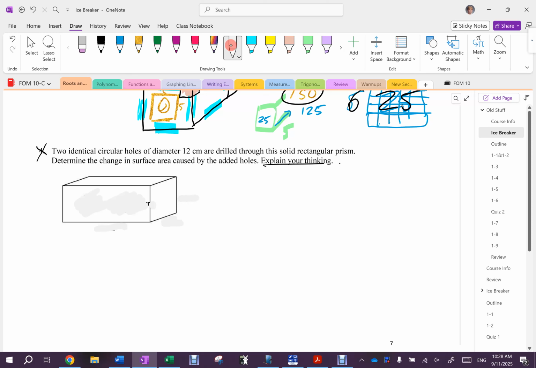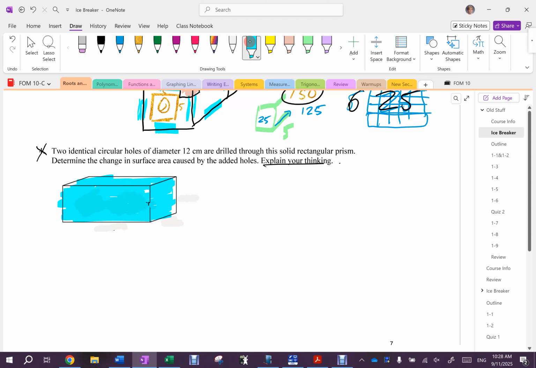So if I picked up this solid box and I dipped it in paint, everywhere that I just colored would be surface area, yes? Including the bottom, the side, and the back. Is everybody with me? Okay.